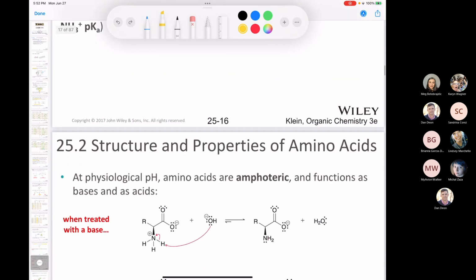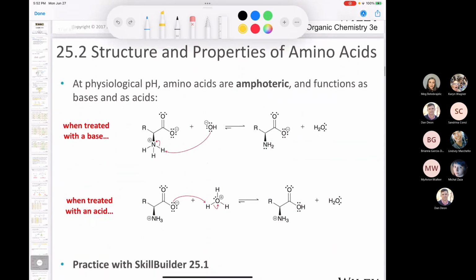All right. So we've got our amino acids in the human body existing as zwitterions. Let's take a look at this physiological pH thing a little bit more. It says at physiological pH, amino acids are amphoteric. That means that they can function as an acid or a base.